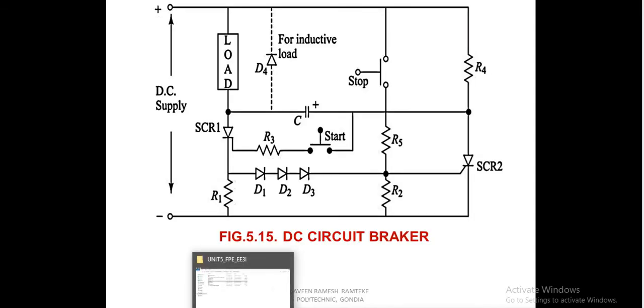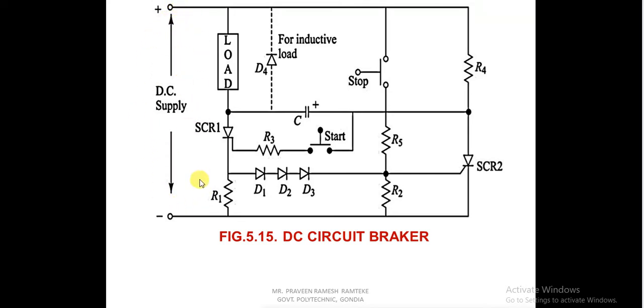This is the circuit diagram for the DC circuit breaker. Let us have a look at the components which are used in the DC circuit breaker. As the name suggests, DC circuit breaker means the circuit is utilizing the input as a DC supply.